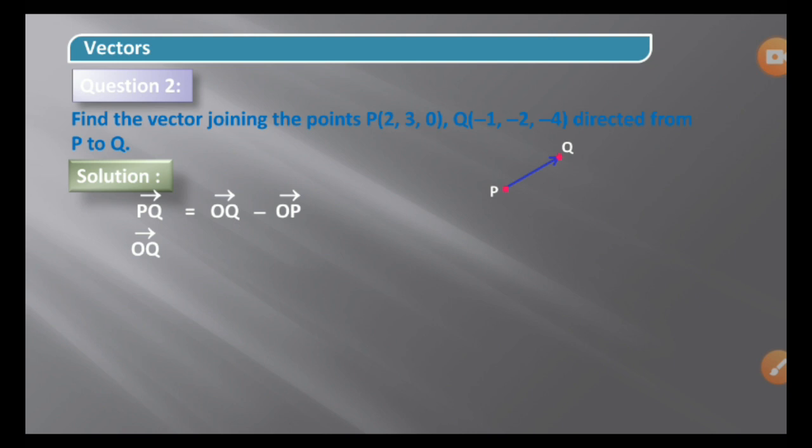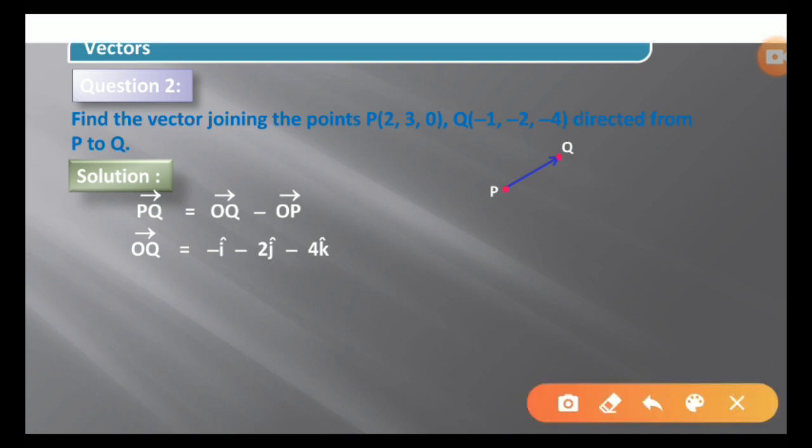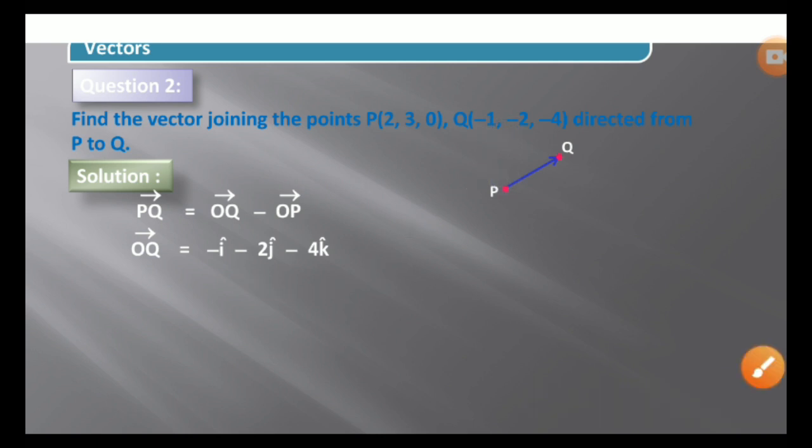The position vector of the point Q can be taken as minus i minus 2j minus 4k, because the coordinates of the Q point are minus 1, minus 2 and minus 4.